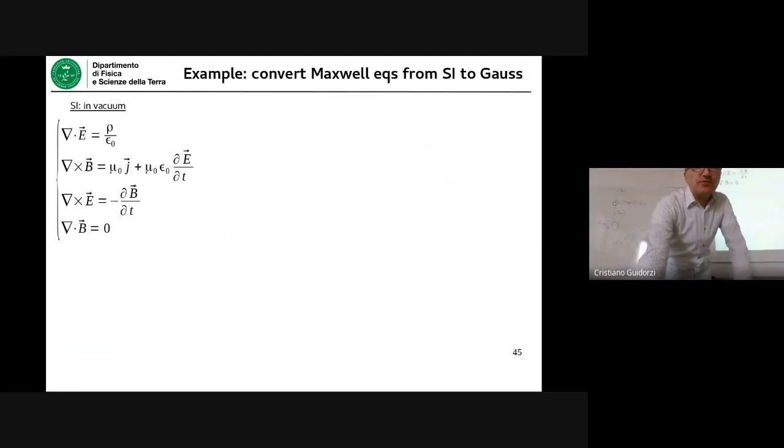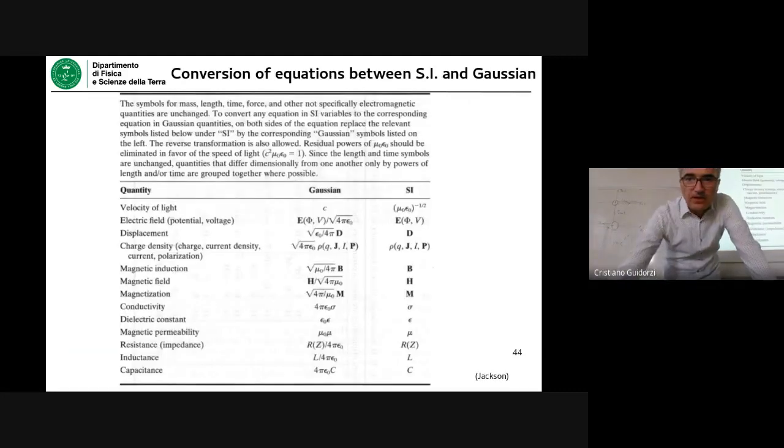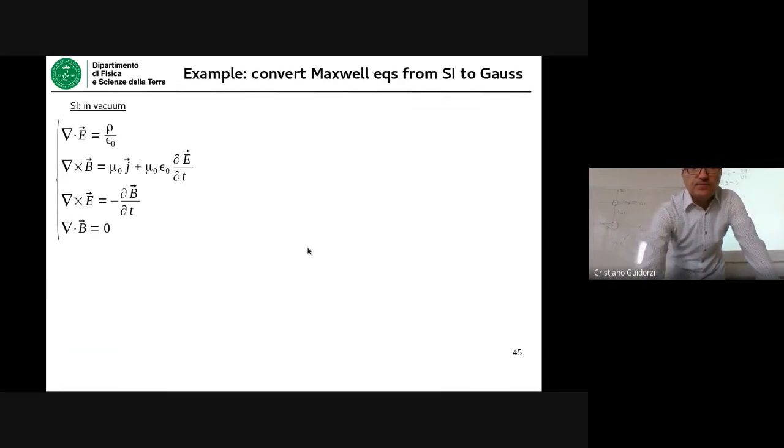Let's start from the first one. I have the electric field and charge density. Instead of the electric field, I have to put the electric field over a square root factor, and instead of the charge density, the charge density times a square root factor.